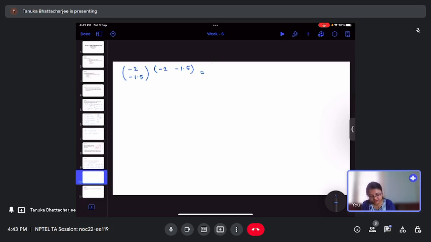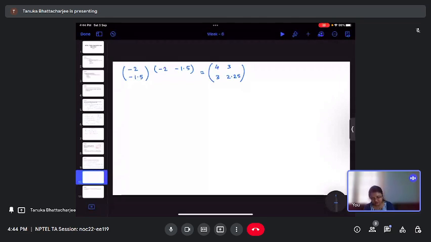You will get the product matrix as 4, 3, 3, 2.25. This is basically x1 minus mu into x1 minus mu transpose.